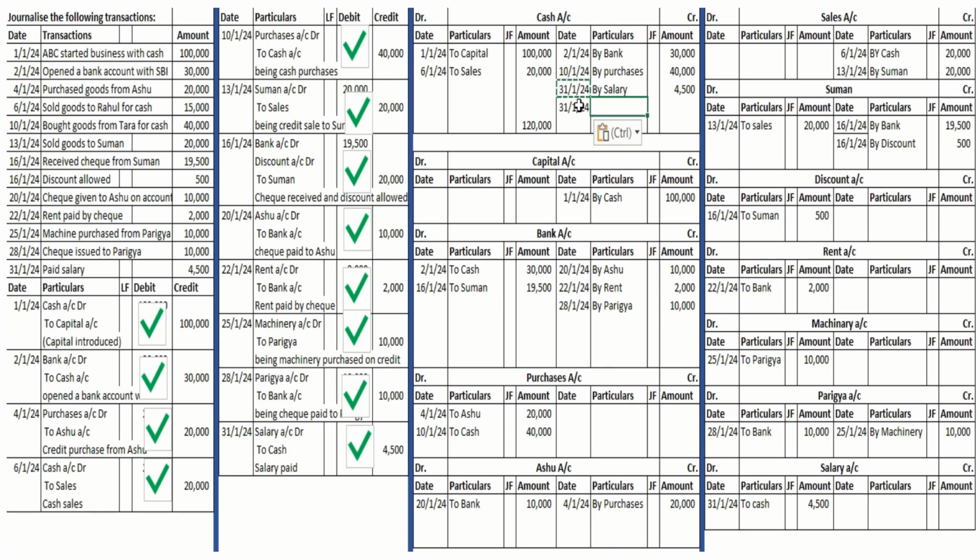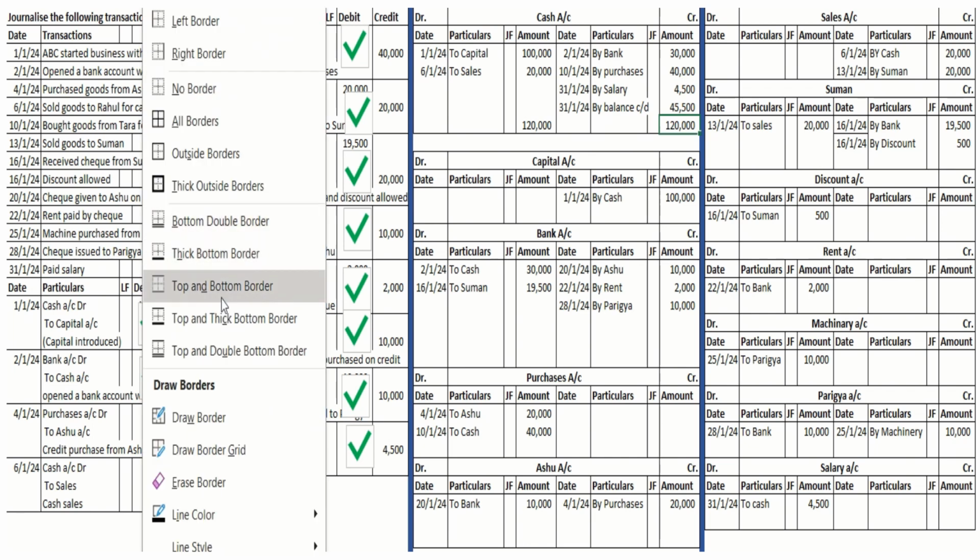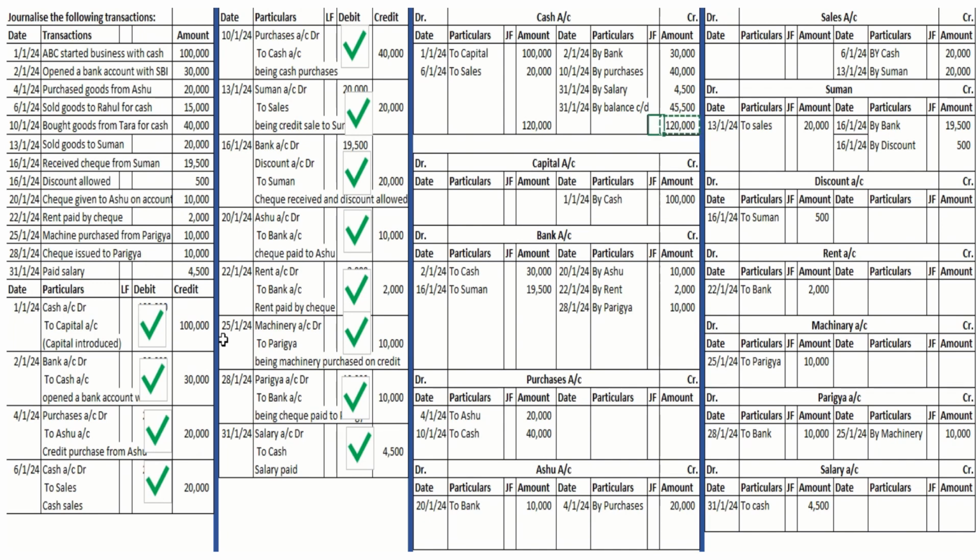If it is on the credit side, it is lower, we will write by balance carried down. The amount we get is this figure minus the sum of these three figures, and we can make a balance also here, with a double underline.